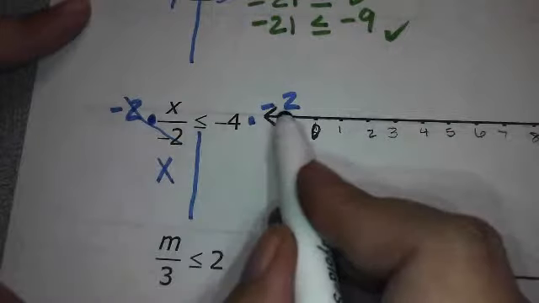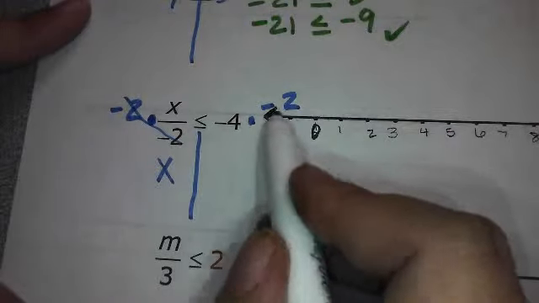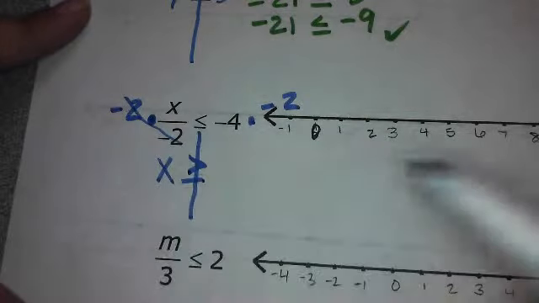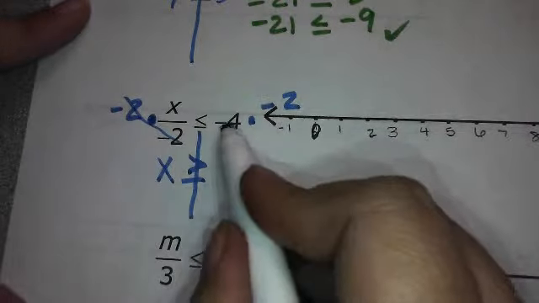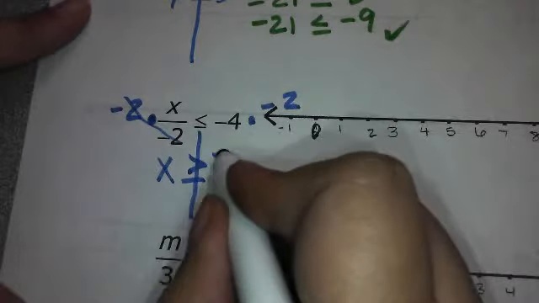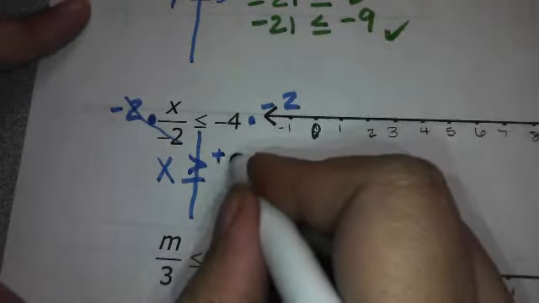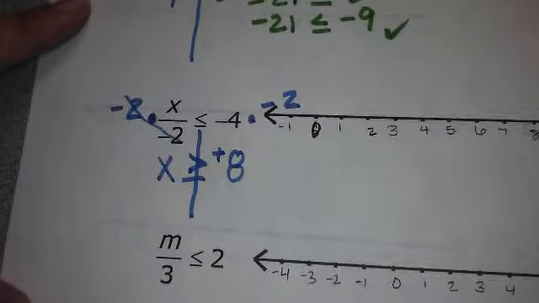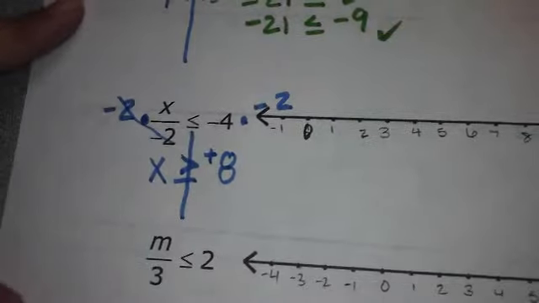Since I multiplied by a negative number, my inequality sign needs to flip and face the other way. Negative times negative is positive. 4 times 2 is 8. So my solution is x is greater than or equal to positive 8.